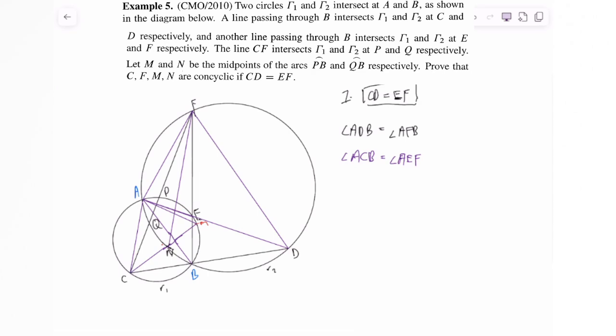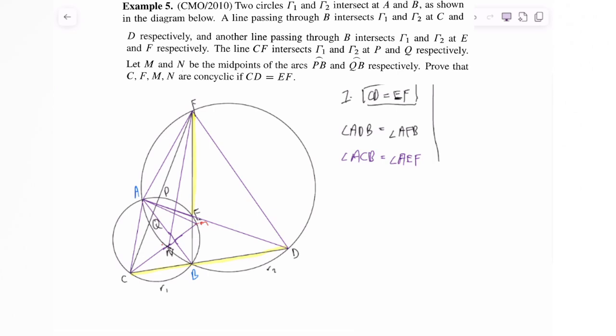So having all three of these conditions, let me just mark it out for you. We have CD equals EF. Okay.